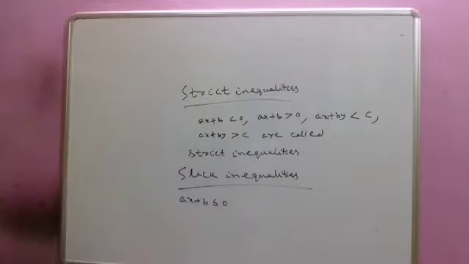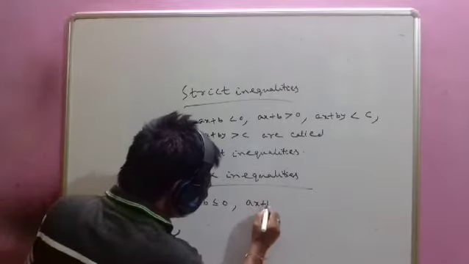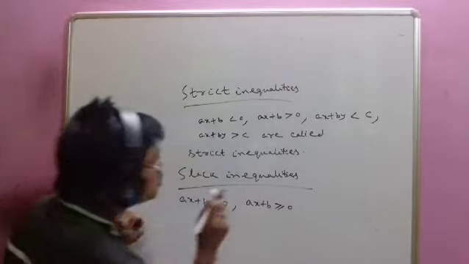This is an example of a slack inequality. Or suppose I say ax plus by greater than or equal to 0. Here it was greater than 0, but if you say greater than or equal to 0, this is a slack inequality.